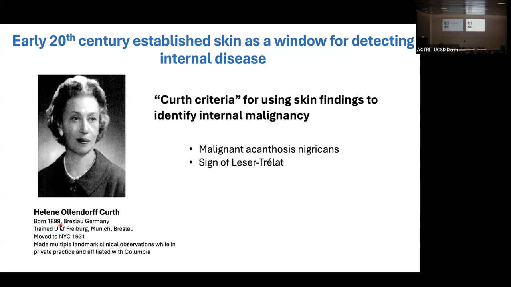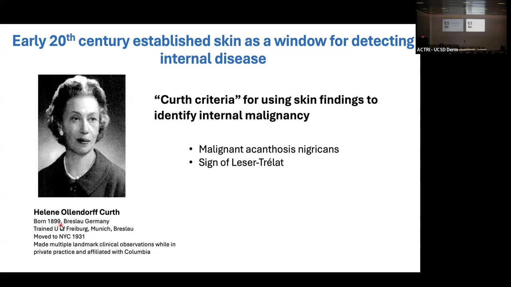The Kurth criteria became commonly used to describe skin manifestations that could trigger an interest in looking deeper for cutaneous malignancies. And she's the person who came up with the idea of malignant associations with skin manifestations like acanthosis nigricans and the sign of Leser-Trélat.